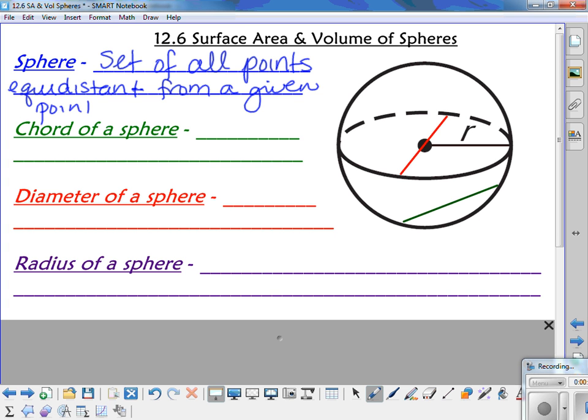And that given point is the center. So in my picture, right there is my center.